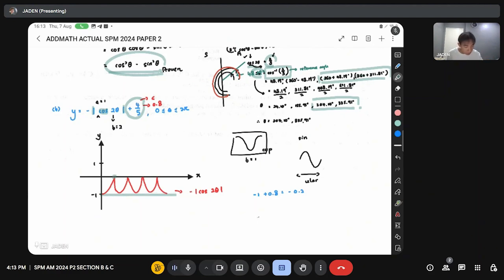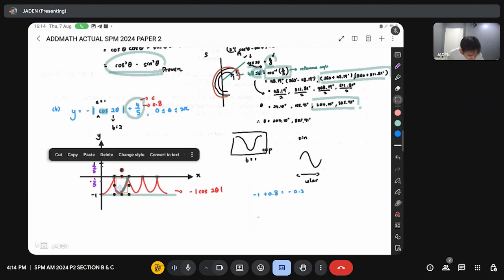So that means this line right here will actually go all the way up to negative 0.2. And every line that started at 0 will go up to 0.8. So you want to label 0.8 here, maybe around here. You also want to label here negative 0.2, or maybe you want to write down negative 1 over 5. And then you may label here 4 over 5. Okay, you can do so. So in the end, your graph shall look something like this.